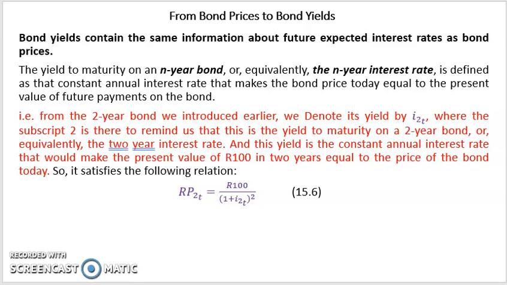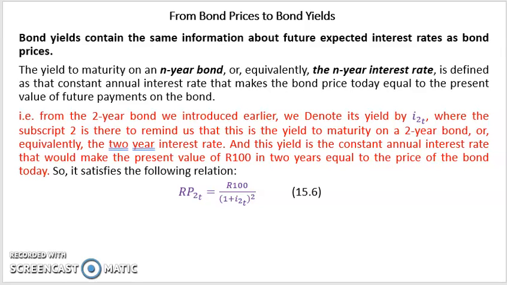The starting point will be to define the yield to maturity. The yield to maturity of an N-year bond, or equivalently an N-year interest rate, is defined as the constant annual interest rate that makes the bond price today equal to the present value of the future payment of the bond.